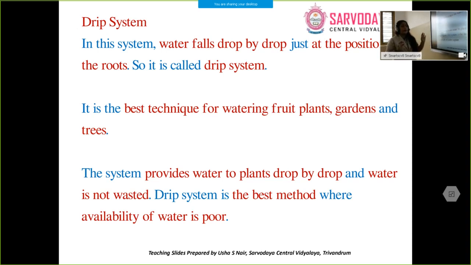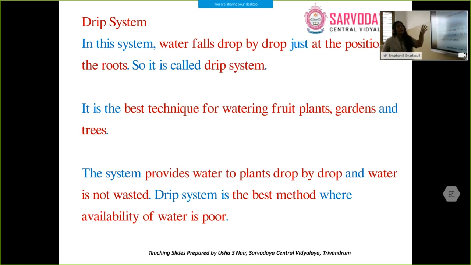Again, I'm telling you, the drip system is important. You should know this. As such, they have not asked for the structure of how it is done, but at least they have asked where it is useful and why. Mainly it is because the water falls drop by drop and water is not wasted. When I highlight in red, these are very important points that you have to know. In the slide itself you can see I've used two different colors.